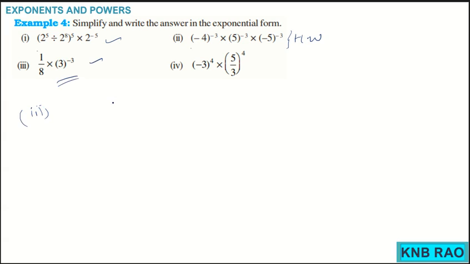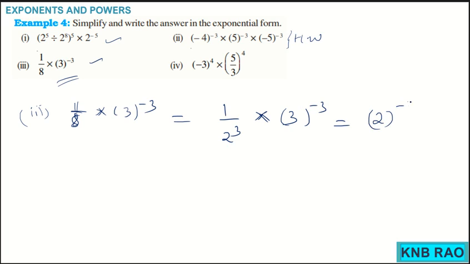See children, here we have 1 upon 8, where 1 upon 8 can be written as 1 by 2 cube into 3 power minus 3, where we can write 2 power 3 as 2 power minus 3 into 3 power minus 3.